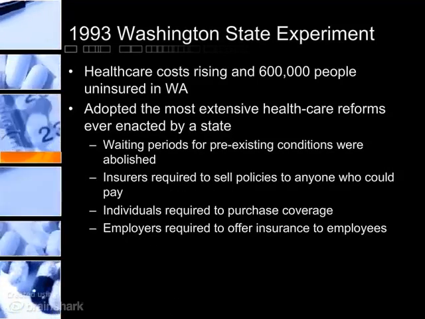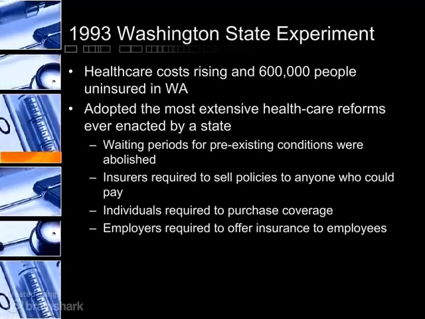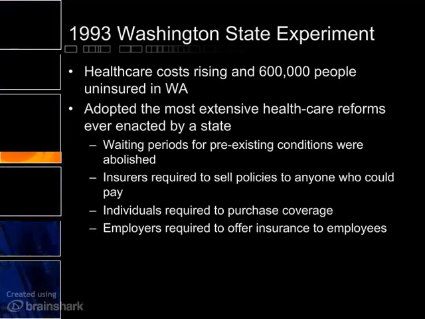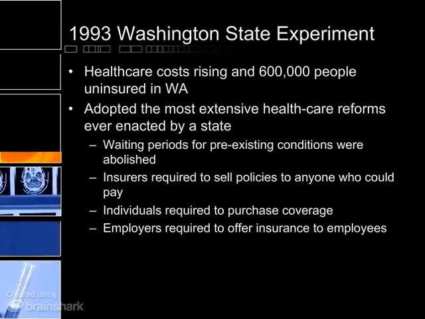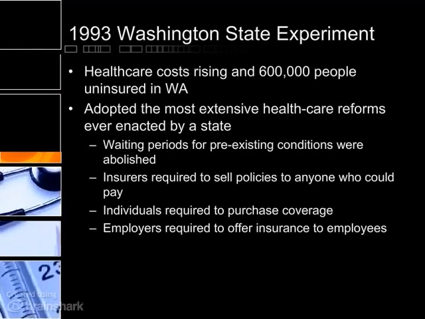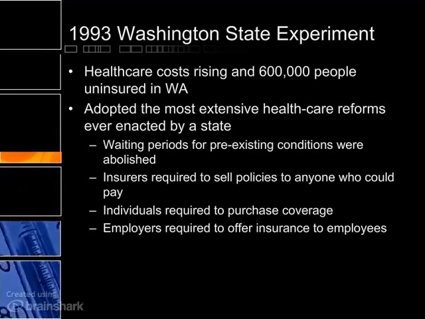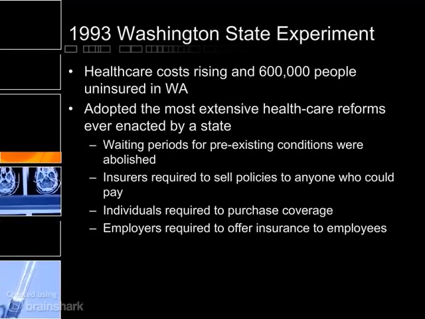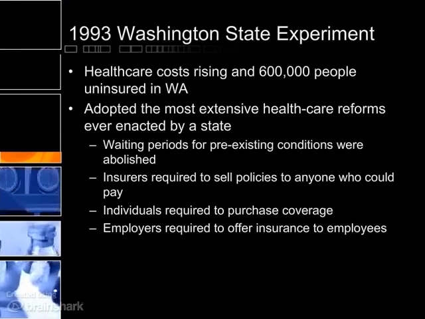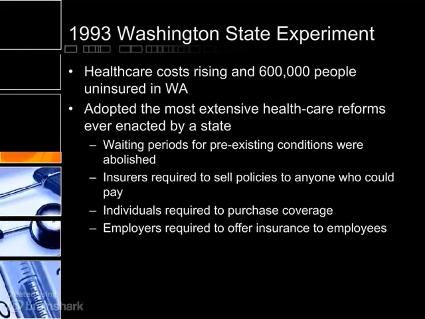I wanted to include a little bit of Washington State history in healthcare reform here, because if you weren't living here in the early 90s, you probably are not aware that in 1993, we adopted a very extensive healthcare reform, and it was really the first ever enacted by a state in the U.S. If you might recall, at that time, Clinton was in office.